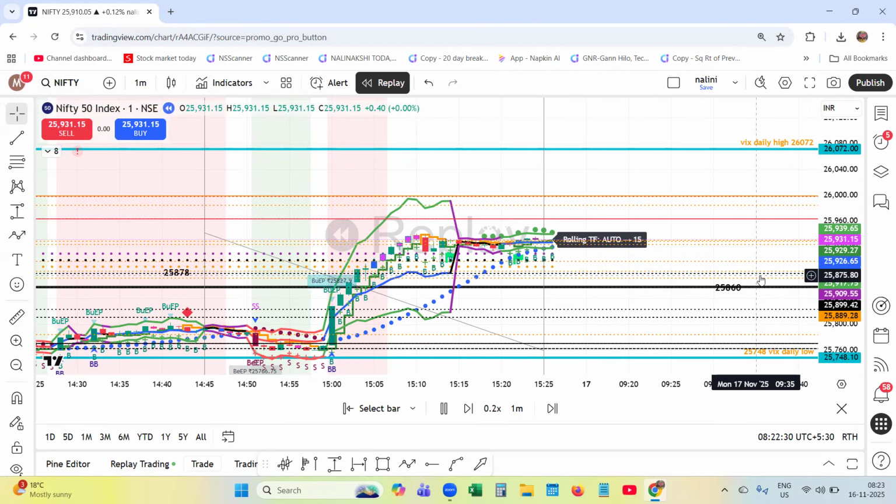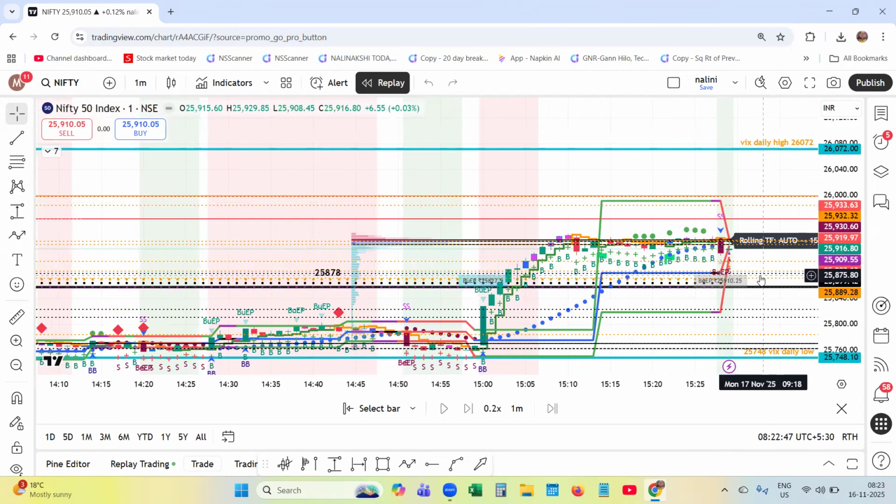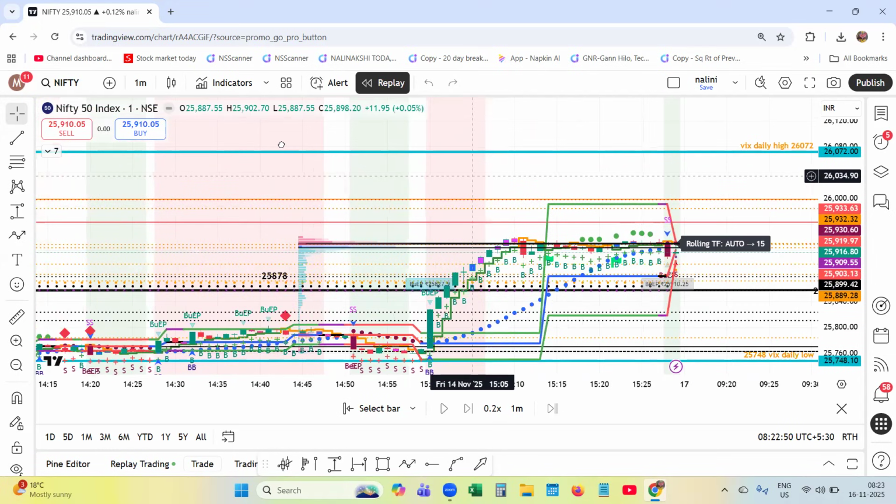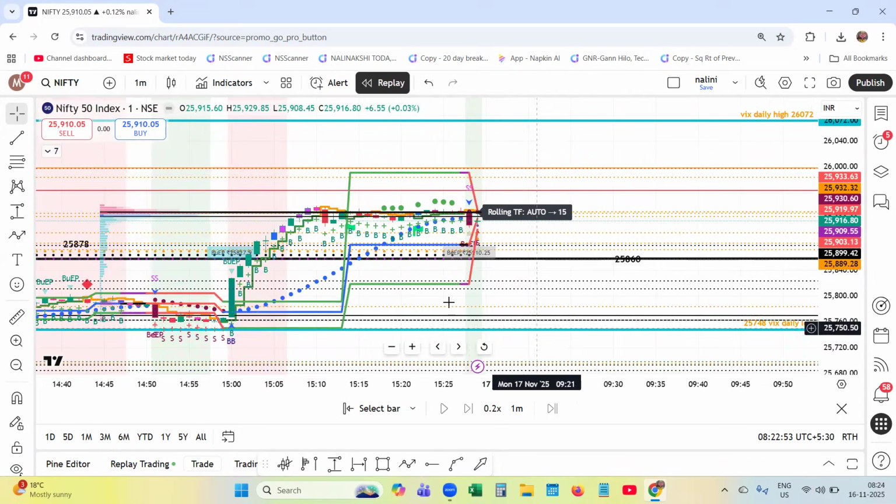EP levels will act as a guidance. When price comes to the support zone, near the rolling pivot balance line, we can take the trade. That's how it is. So friends, you can see the replay mode has been closed and the market is closed. There is no change.